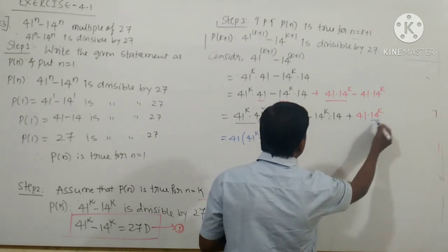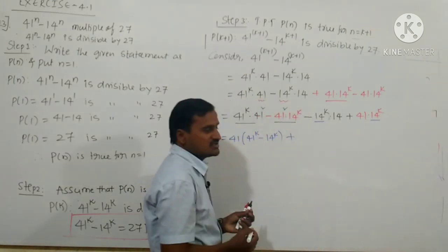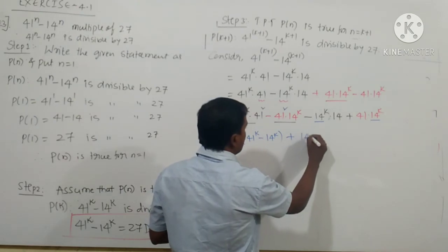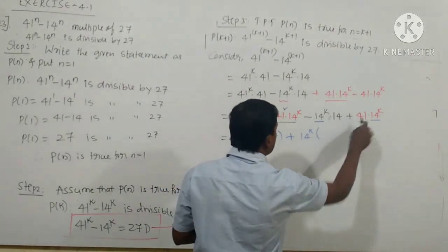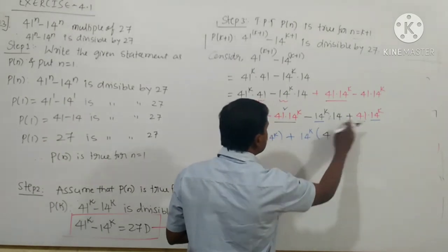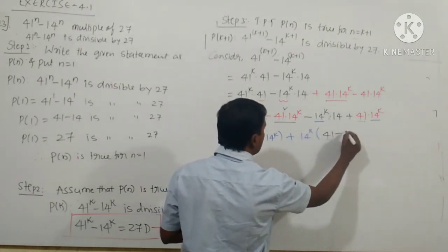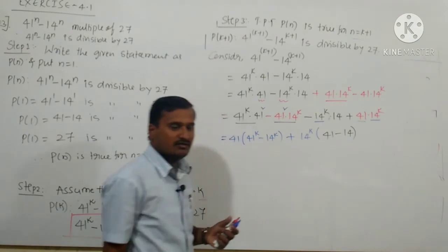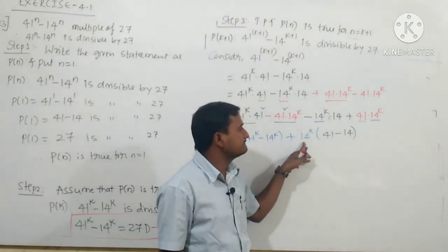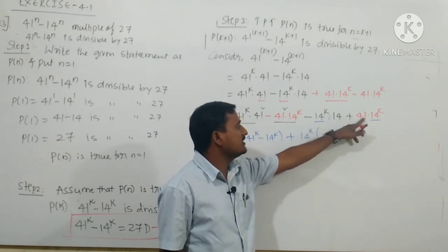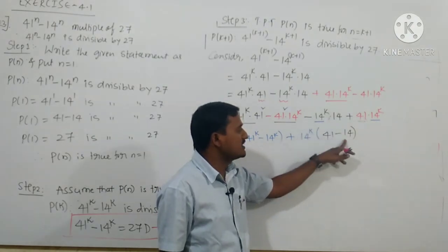What is the remaining here? Here you are getting 41, and here it is minus of 14. Okay, here I have taken 14 raised to k outside. What is the remaining here? 41, and here it is minus of 14.